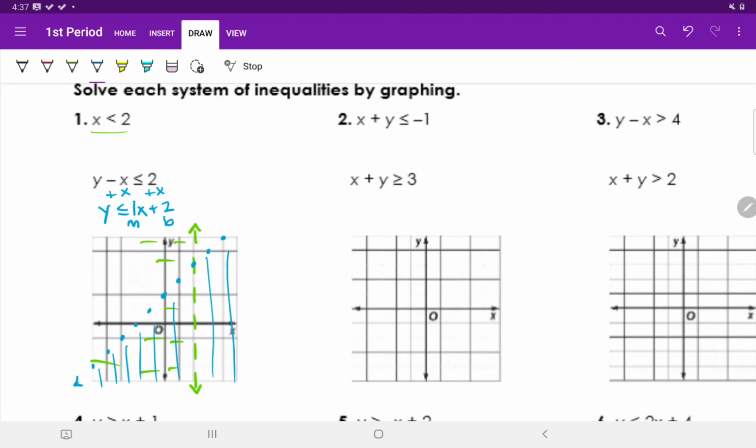Let me redraw that. We're looking for solutions to both of the inequalities, so if it's only a solution to one color, then we can erase it. So it's this area right down here that represents our shaded region.